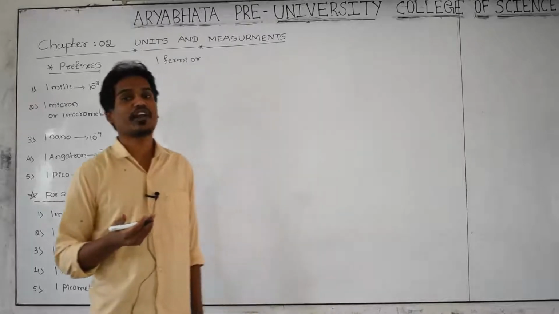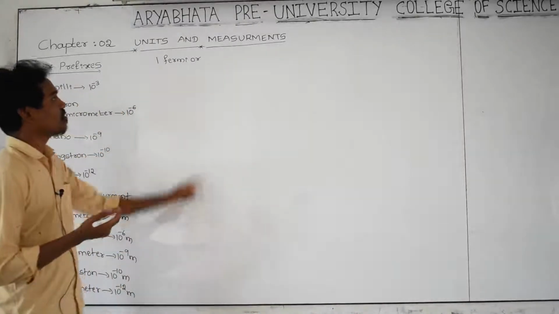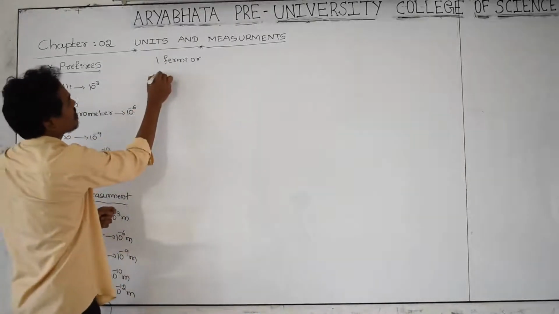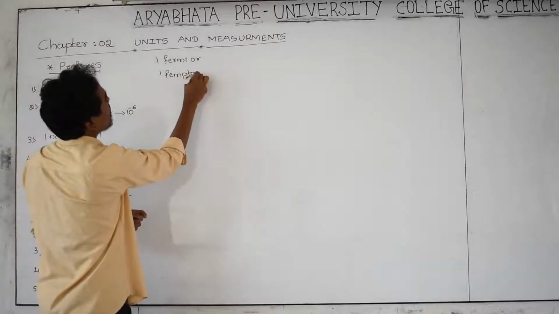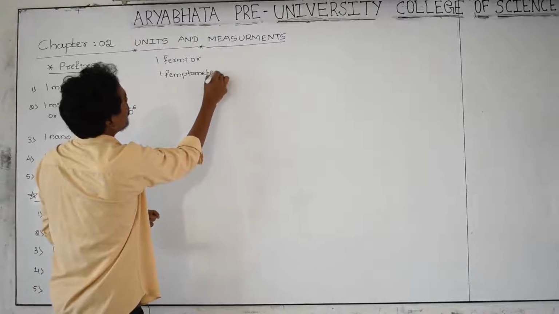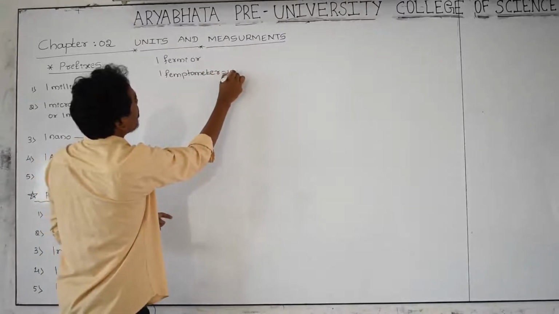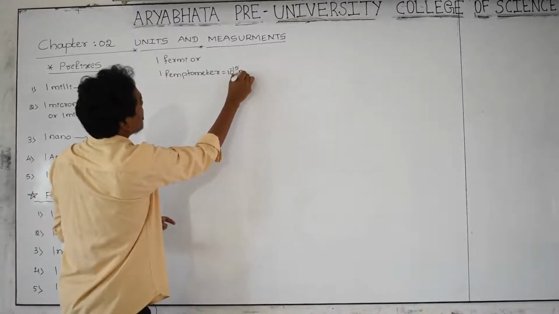Another name for this one is 1 femtometer. 1 femtometer is equal to 10 to the power of minus 15 meter.